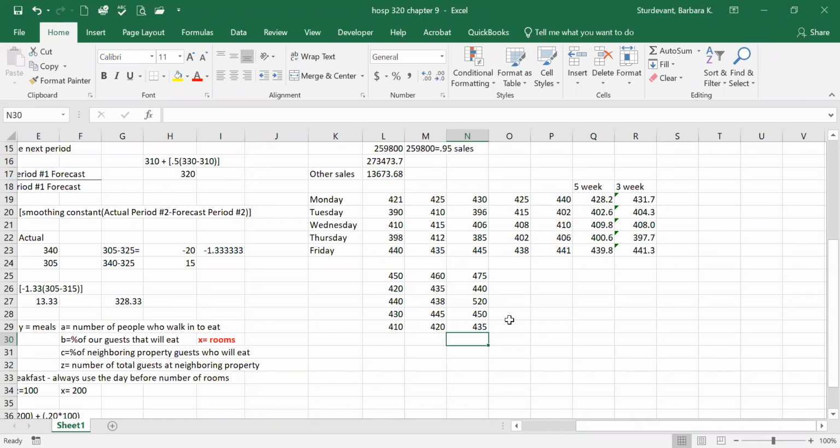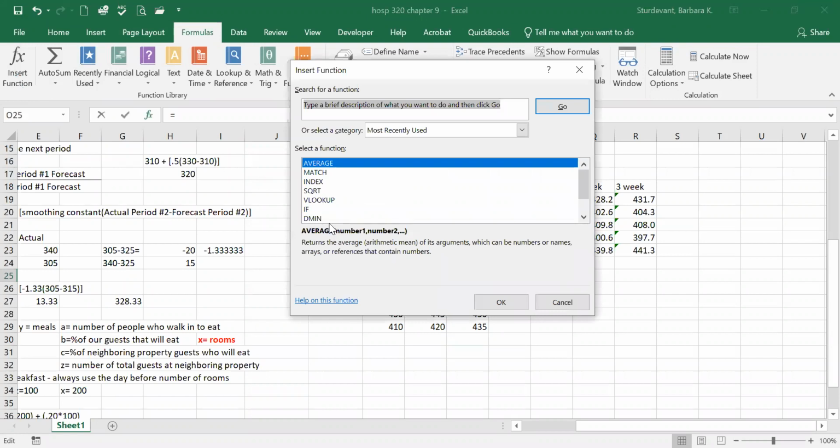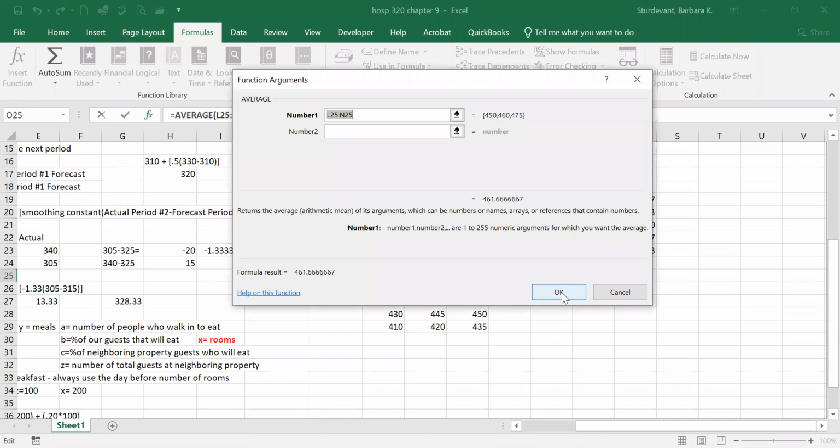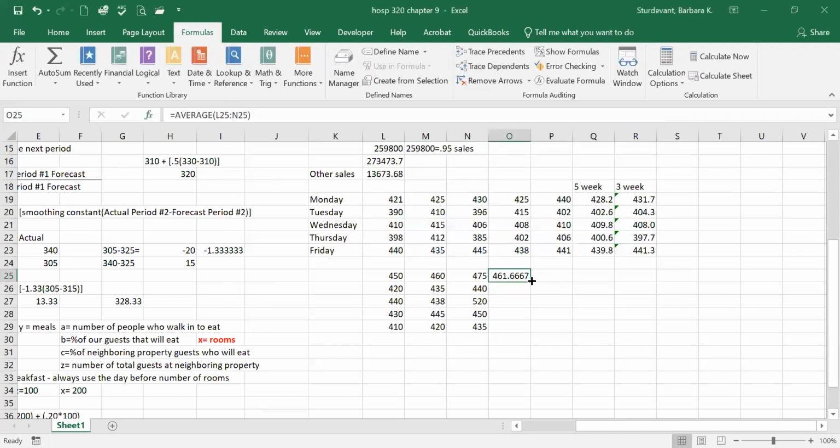Okay, so the first thing we need to do is we're going to average those.